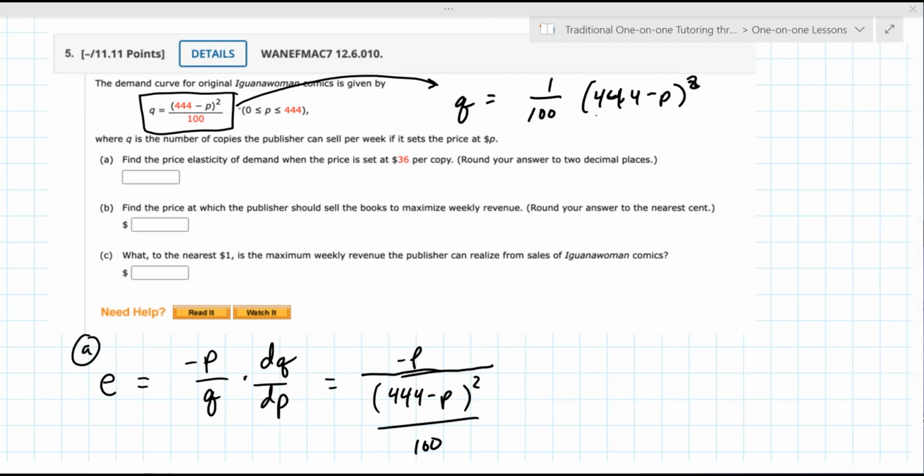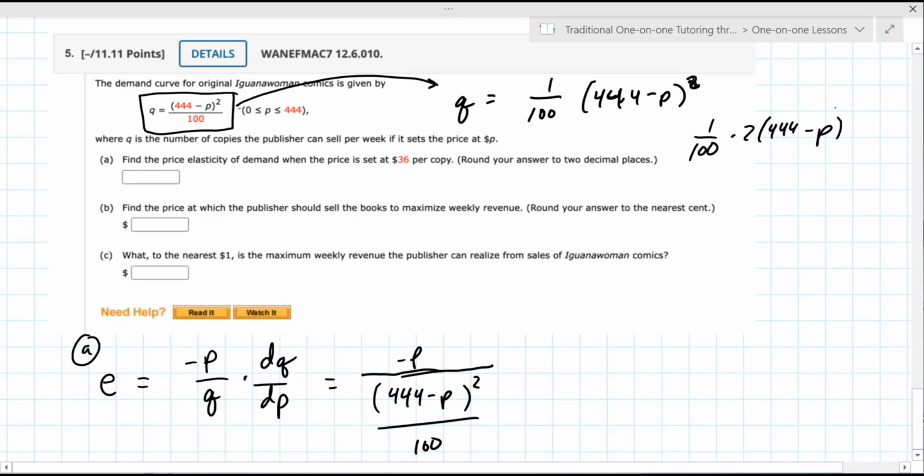Oh, so this would be like the product rule and the chain rule, right? It's actually just the power rule because this is a constant. Imagine that wasn't there. It's a power rule followed by a chain rule, no product, because 1 over 100 is not a function of P. So it would be 1 over 100 times 2 times (444 minus P).